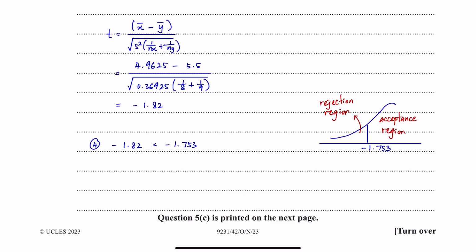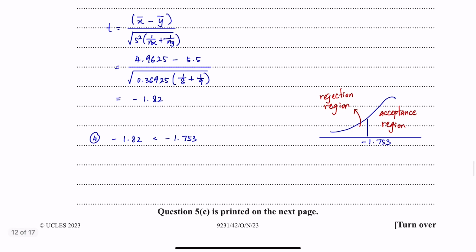And we can see that negative 1.82 lies over here. This would be negative 1.82. And this definitely lies in the rejection region. So we would need to reject H0.